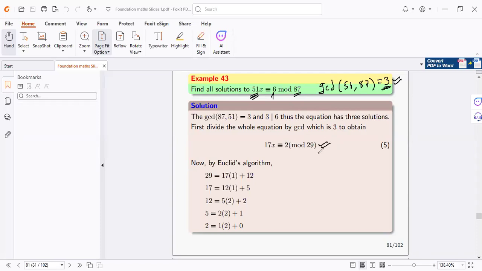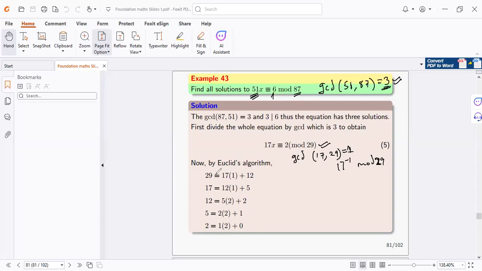So you notice from here that 17 and 29 have a GCD of 1. And so we can find the inverse of 17 mod 29. We proceed and get the inverse, and we do it using the extended Euclid's algorithm.